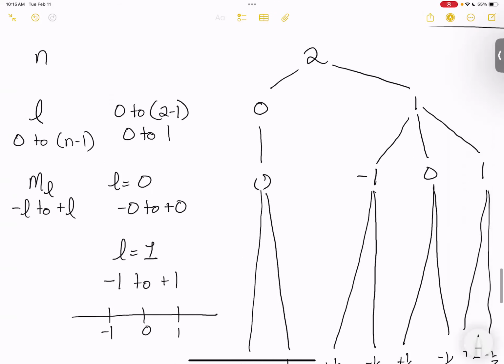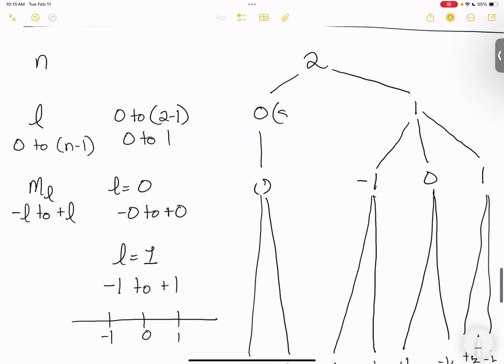That, folks, comes down to l of 0 is an s, l of 1 is a p.